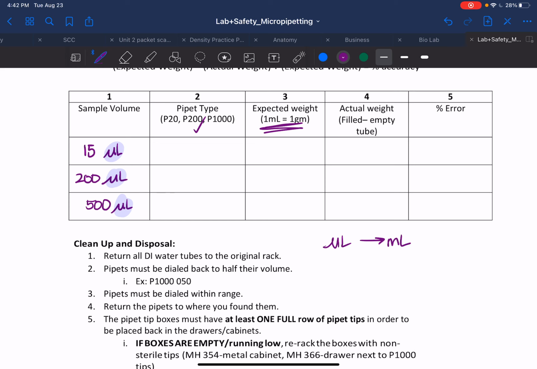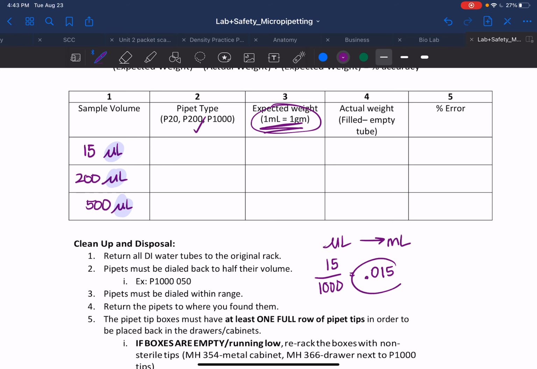So you're going to take your number, for example, 15, right? Divide that by 1,000, or you can just move the decimal 3 times over. So that's going to be 0.015. All those numbers you're going to divide by 1,000, and it'll give you the ml. Now you are able to use this conversion, and it's just a 1-to-1 conversion. So 1 ml equals 1 gram.